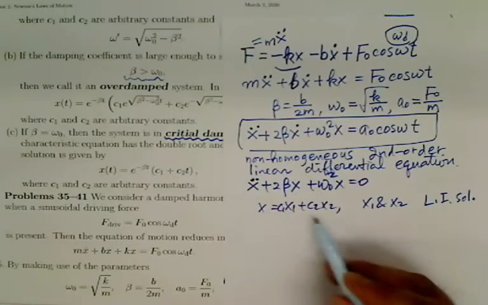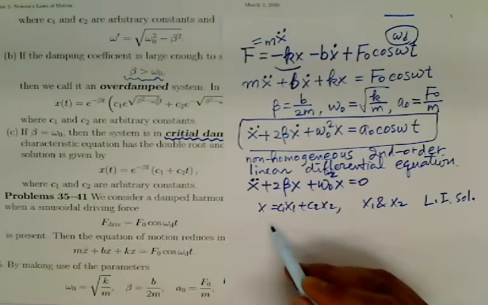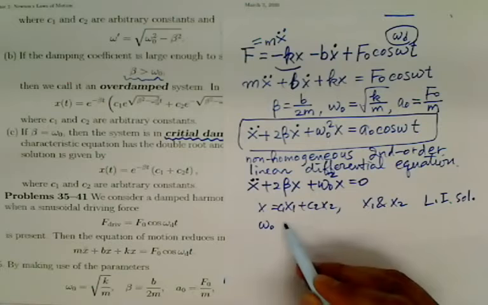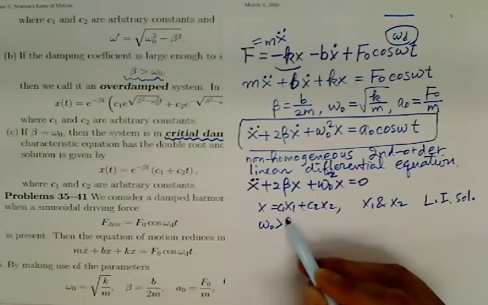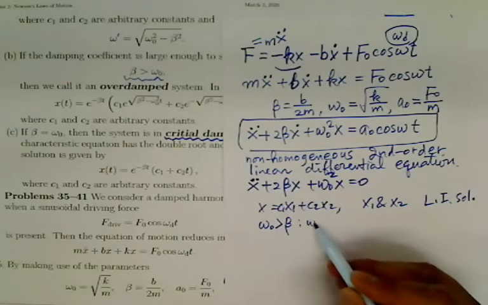We divide it into three pieces. Omega 0 is greater than beta, underdamped.